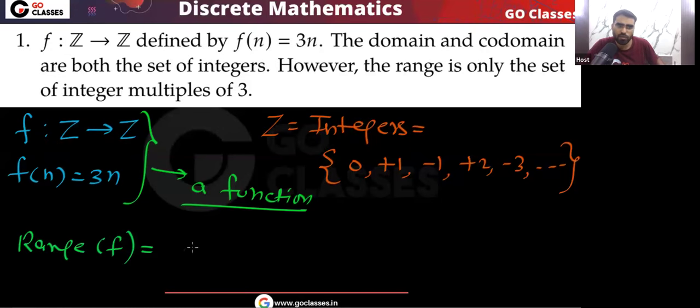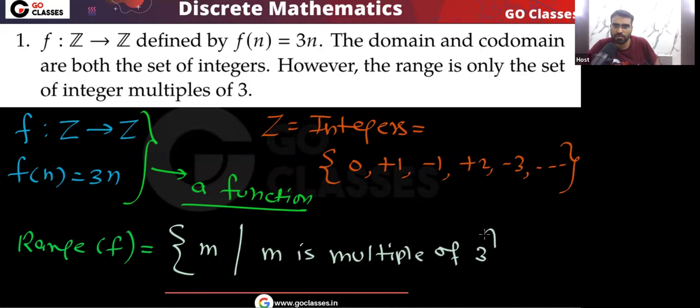The range of this function will be elements which are multiples of 3. The range will be m, where m is a multiple of 3. Is this clear?